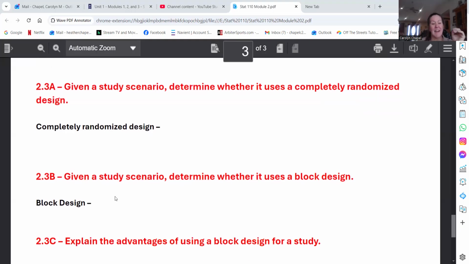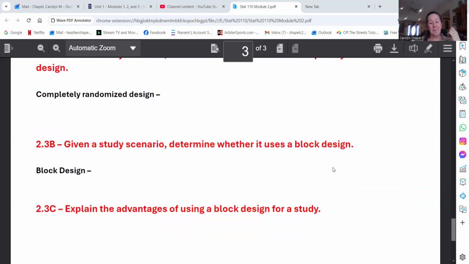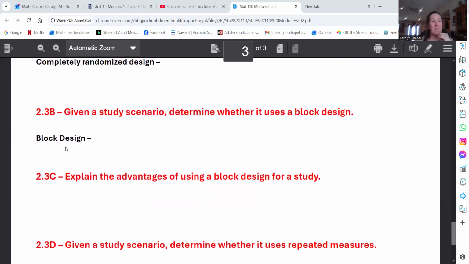A block design is making sure that, if we somehow sort these people, every block is covered. And this is a little bit better because we can make sure that the groups are more comparable to each other, making sure that we have, you know, the different ethnicities or the different races within the groups, if that is something that we are trying to study, or the different genders.